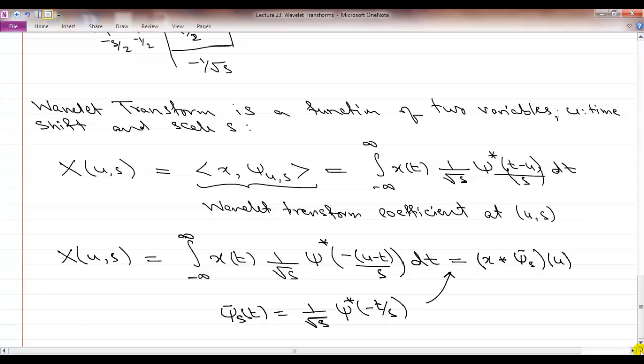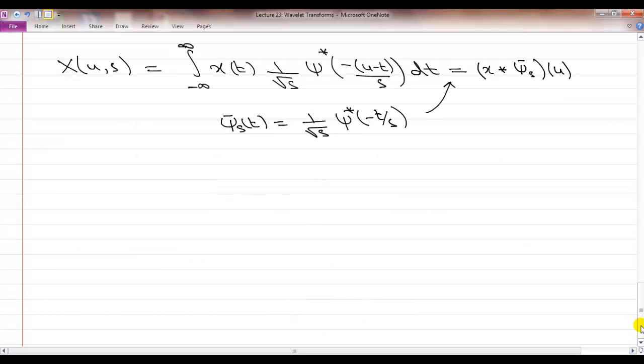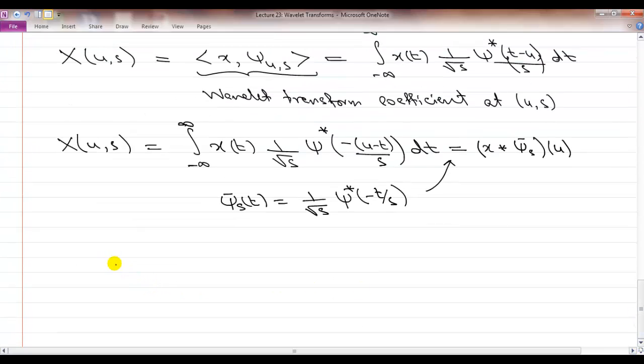So X(u,s) can be computed by taking my X(t) and passing it through a filter, where the filter is this psi bar s of t.